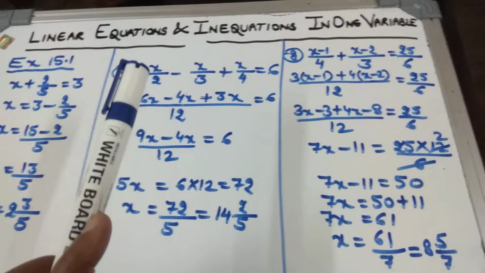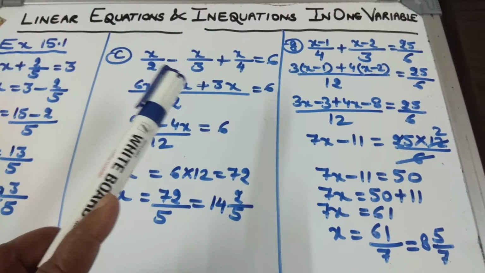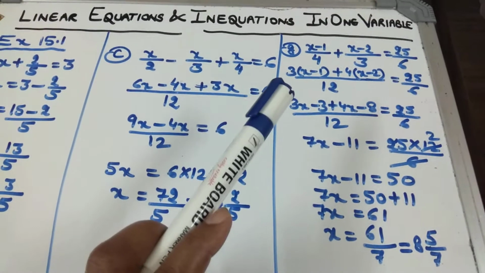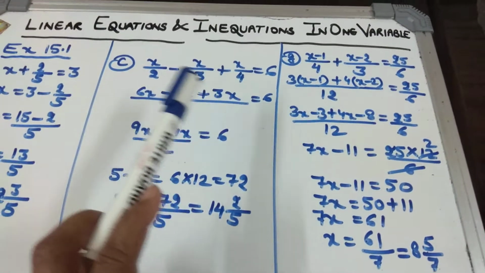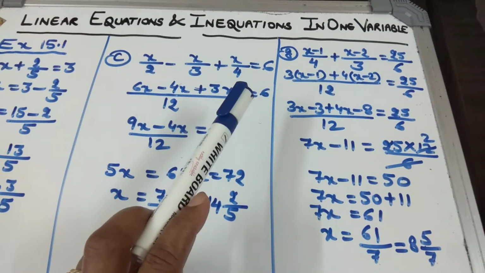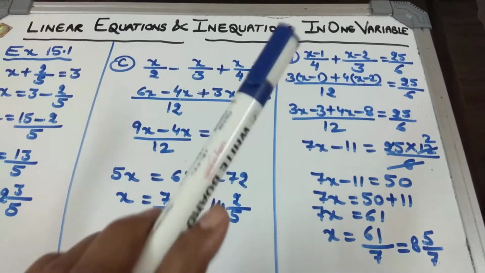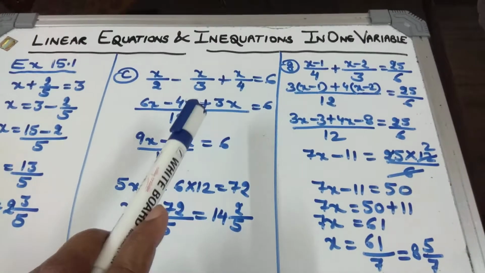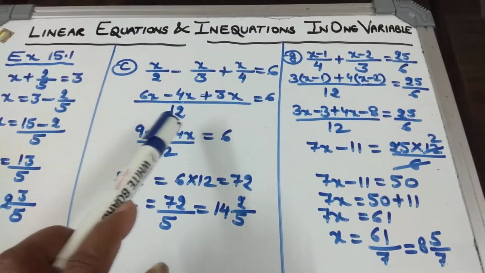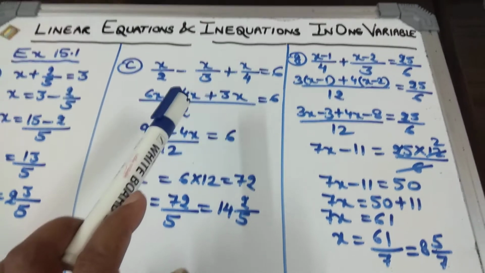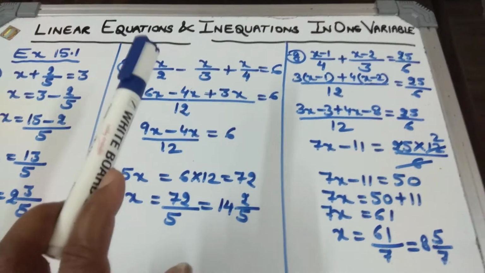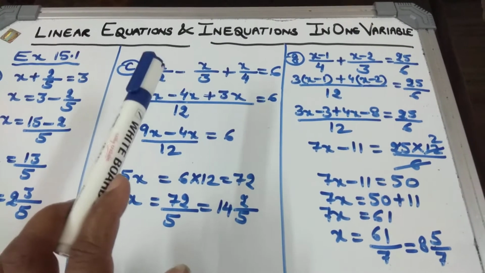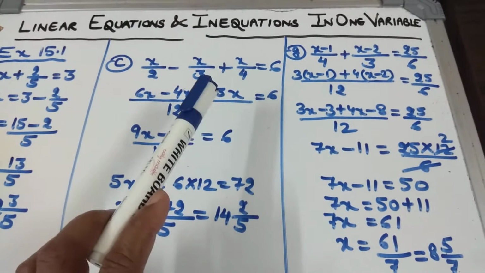Similarly, I have taken another question, that is x by 2 minus x by 3 plus x by 4 equals 6. Now, on the left hand side the terms containing x are already here and the right hand side is only 6, so there is nothing to transfer from this side to the other side. Now take LCM. LCM is 12. Now 12 divided by 2 is 6, and 6 into x is 6x.